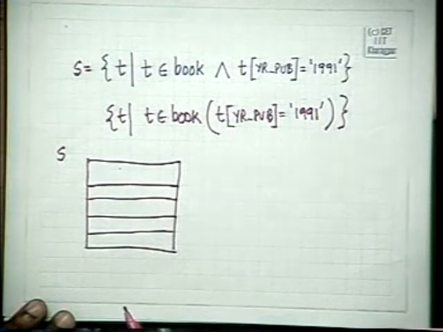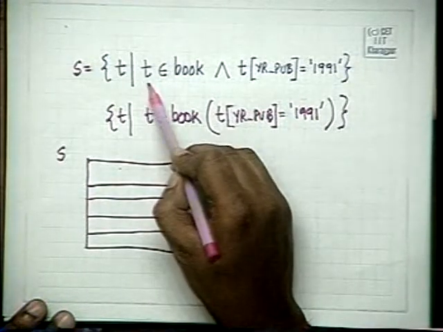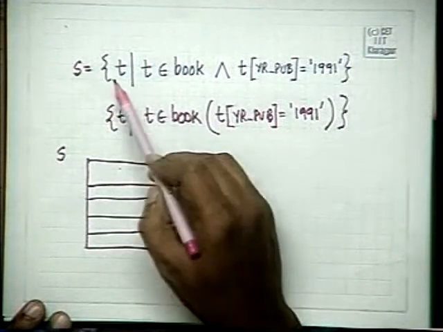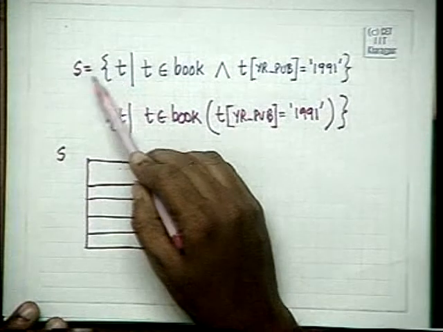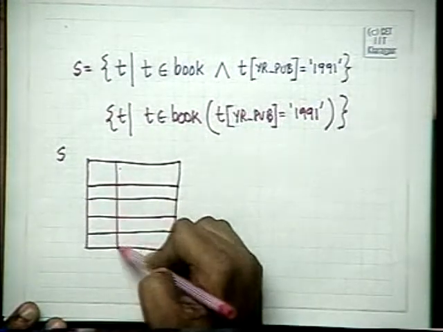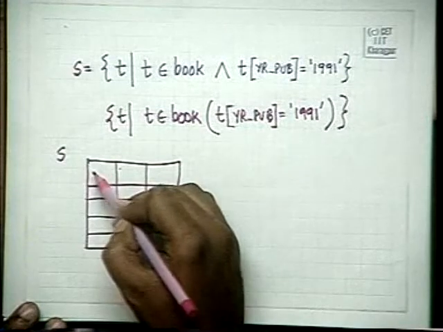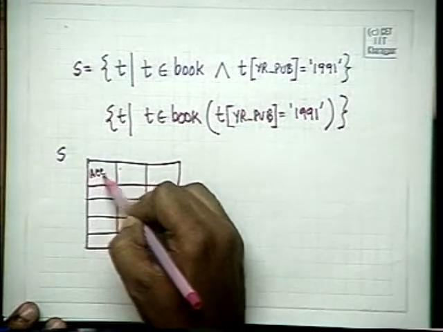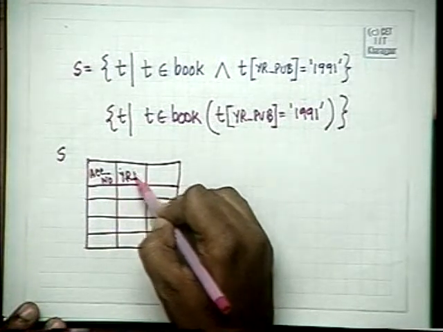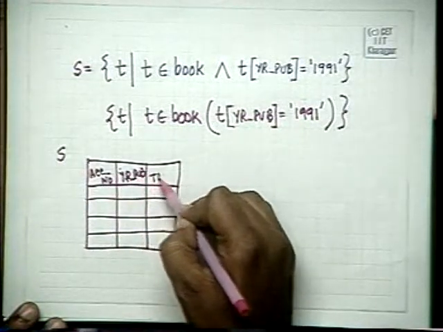That is the first thing. When I write simply T element of book, then it means that all the attributes of book are also attributes of S. So, here S will have accession number, year of publication, title.